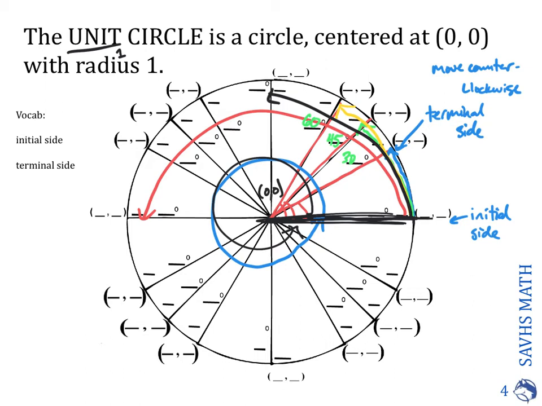If I continue along here, this would be 90. This would be 180. Halfway in between 180 and 90 is 135 degrees. A third of the way would be 120. This would be 150. So what I'm doing here is I'm just labeling these angles, but I'm trying to do it in sort of a systematic way.